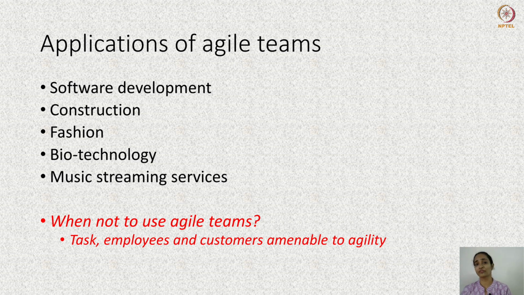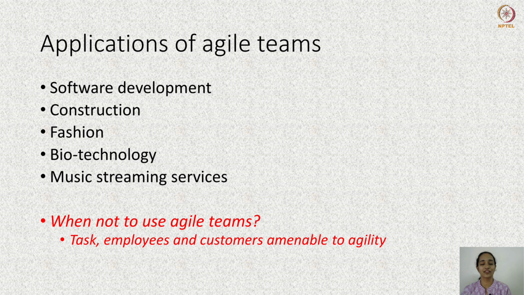However, we saw previously that many other methodologies which prescribe to the values of Agile were already being used in manufacturing. Today, the concept of Agile finds application across various industries and across many processes that require innovation. Some of the industries where it requires application are construction, fashion, biotechnology, music streaming services, and so on.